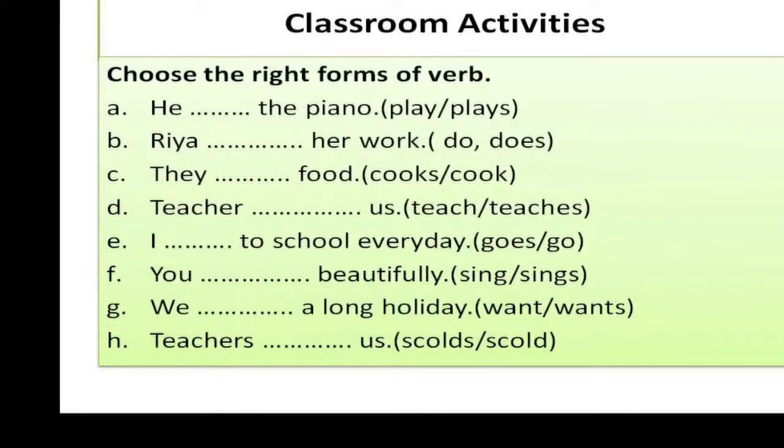B number, Ria, her work, do or does. C number, they, food, cooks or cook. D number, teacher, teach or teaches us. E number, I, go or goes to school every day.